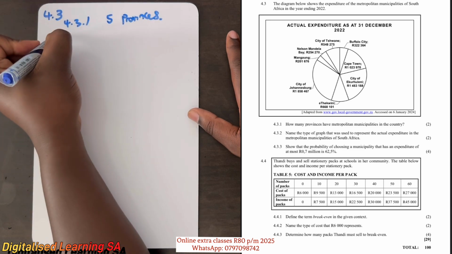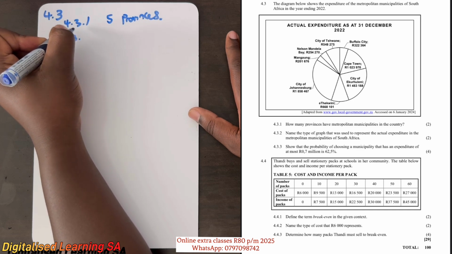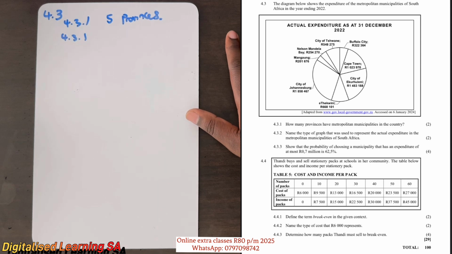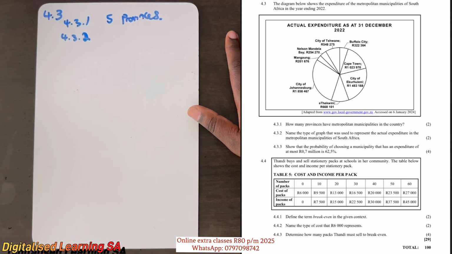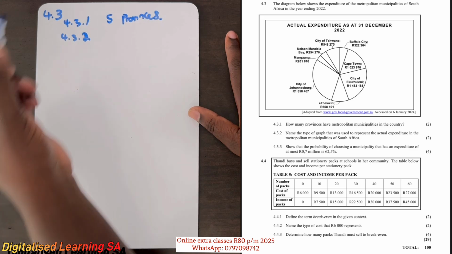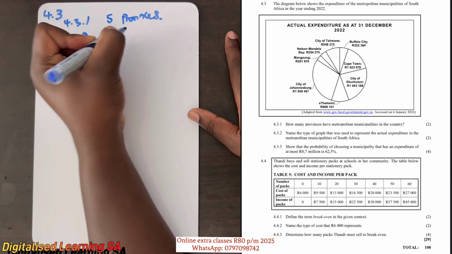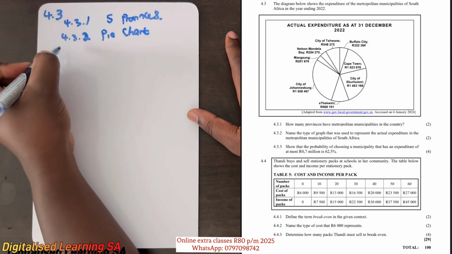Okay, so now let's move to question 4.3.2. Question 4.3.2 says, name the type of graph that was used to represent the actual expenditure in the metropolitan municipalities of South Africa. This is the pie chart.